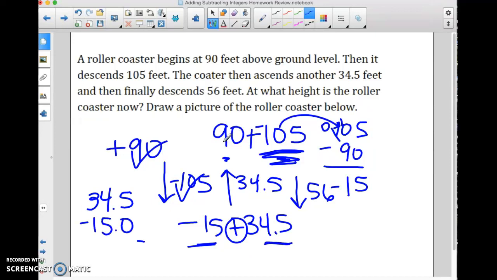Make sure you line up your decimals. 5 minus 0 is 5. Bring your decimal down. I have to borrow. 14 minus 5 is 9, and 2 minus 1 is 1. We keep it positive because of the 34.5. So since we've done this one, right now we're at 19.5 feet.